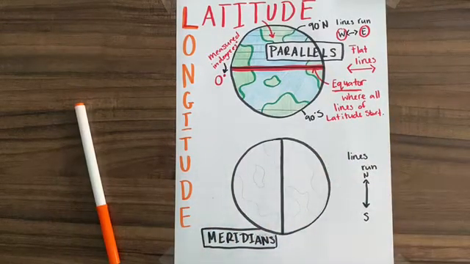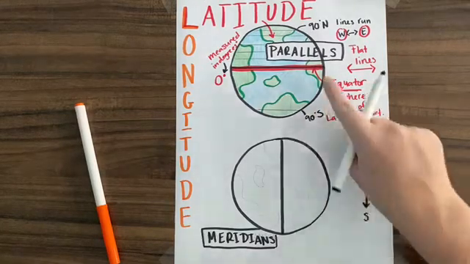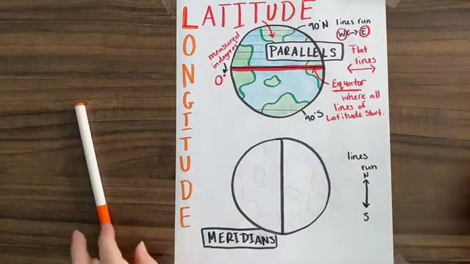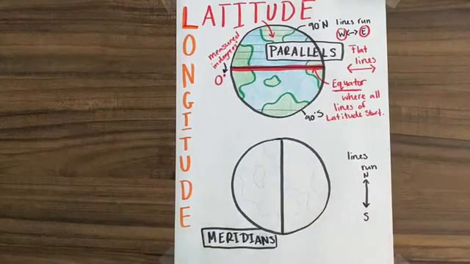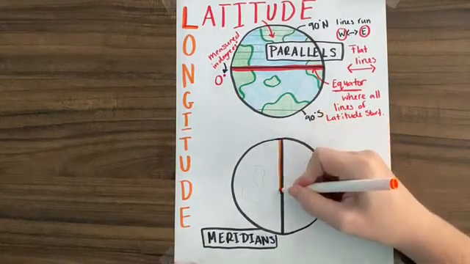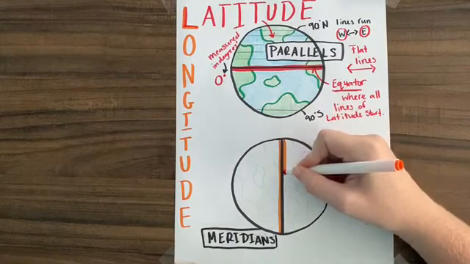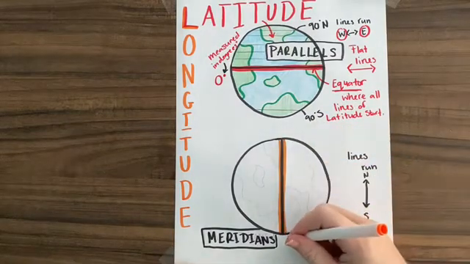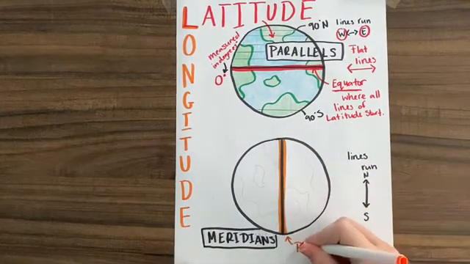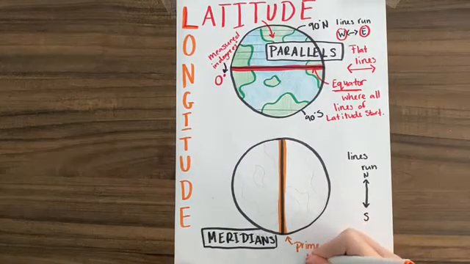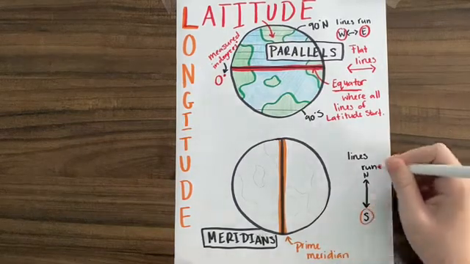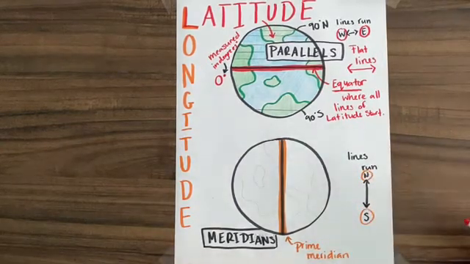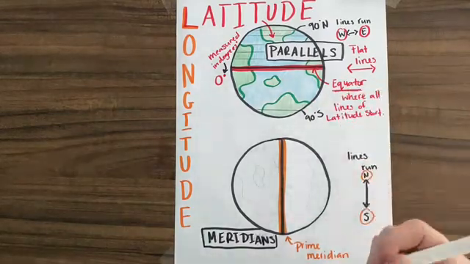The reason we use the word meridian is because just like up here, where there's one that goes through the middle of the earth and it's the equator, there's one that goes down the middle of the earth and it's called the prime meridian. So the prime meridian goes down the middle of the earth.